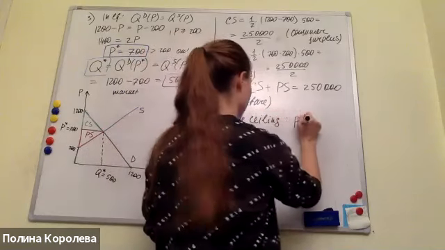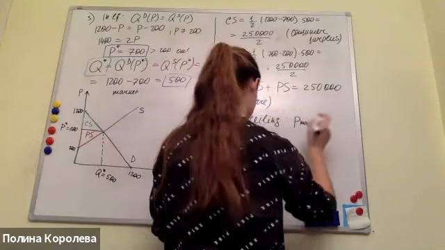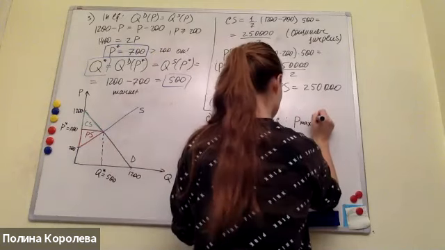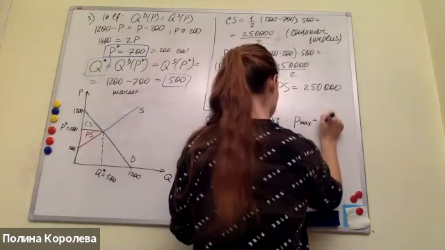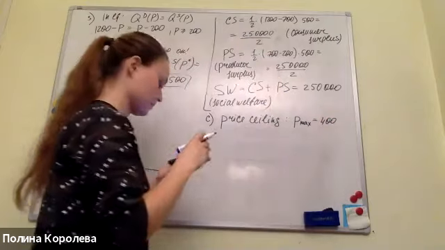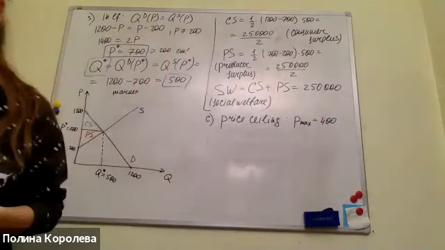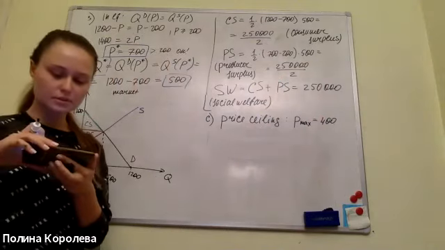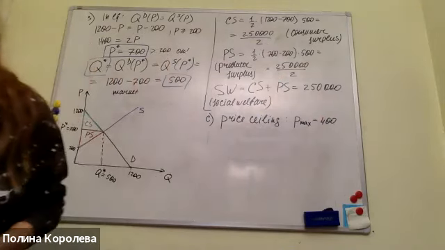The maximal price that can be posted is 400. And we should calculate the social losses from this intervention.